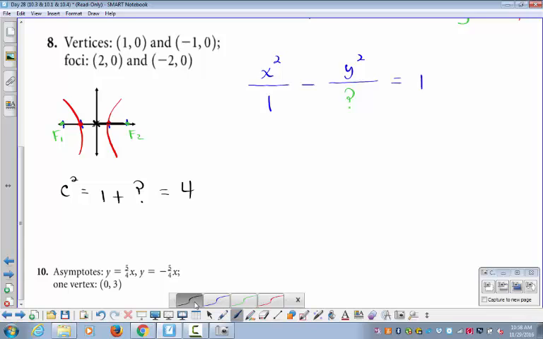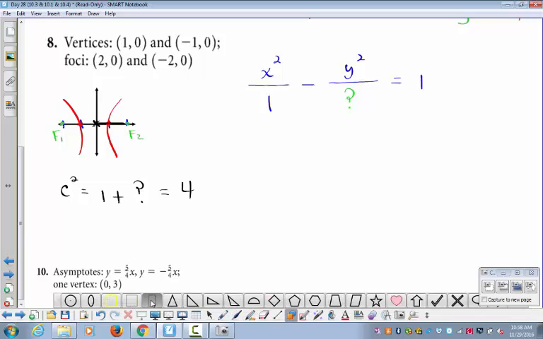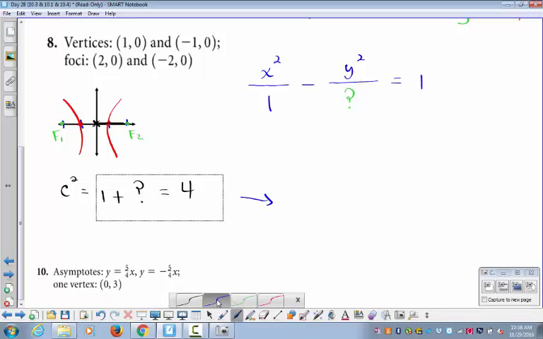And then now we can take that and solve for question mark. So that tells us that that denominator is 3. So that tells us our final equation must be that. There's the final equation.